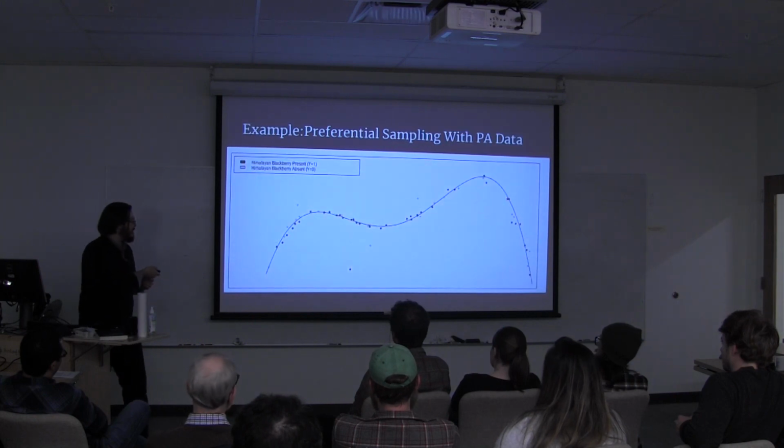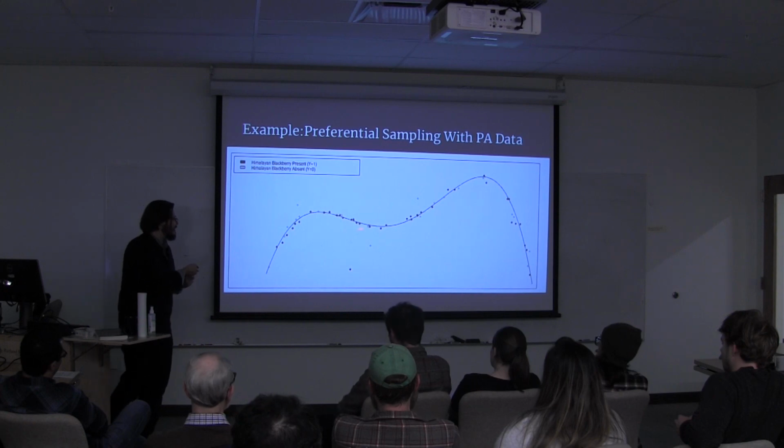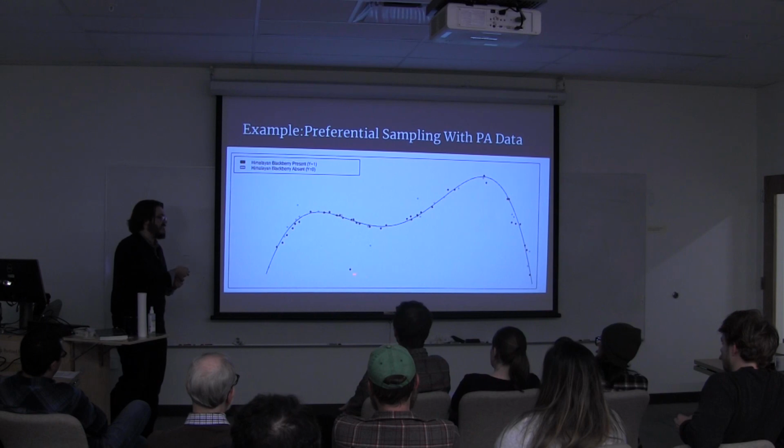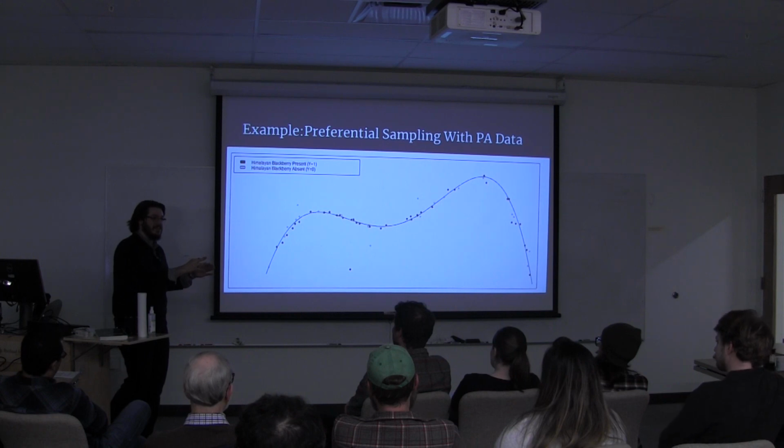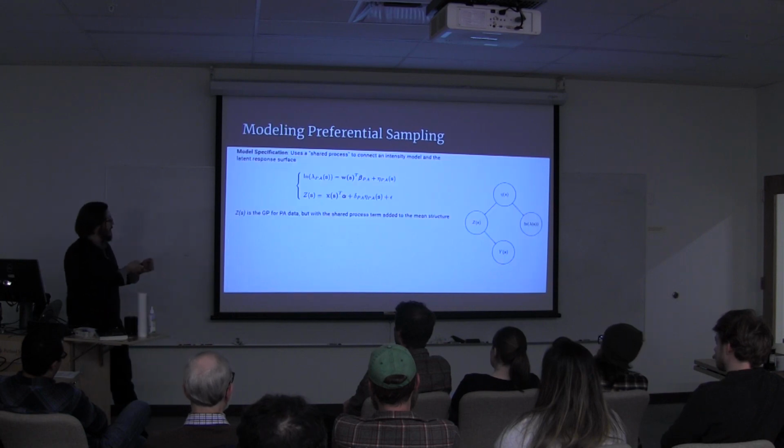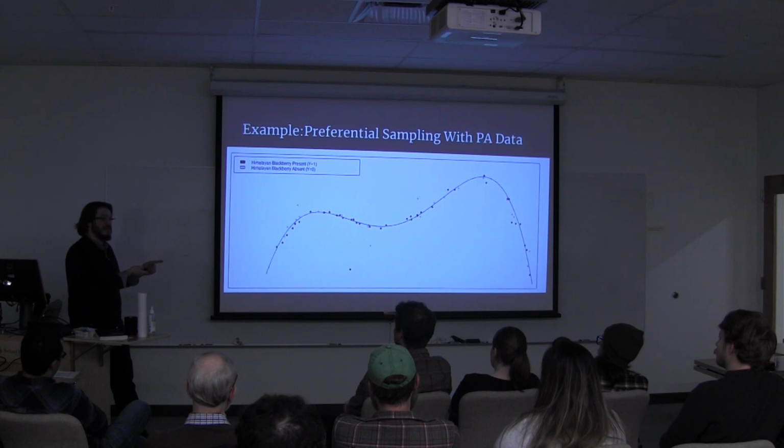For example, if this data set didn't have these points out here, you wouldn't be able to estimate these areas very well at all. So certainly you need data across your study area to be able to create a reasonable surface. But this method will be able to detect preferential sampling even if there isn't an obvious mechanism by which it arises, if that makes sense.